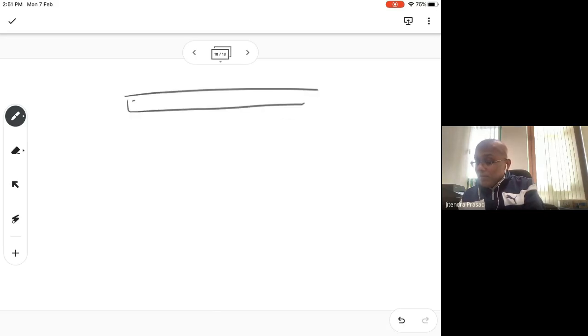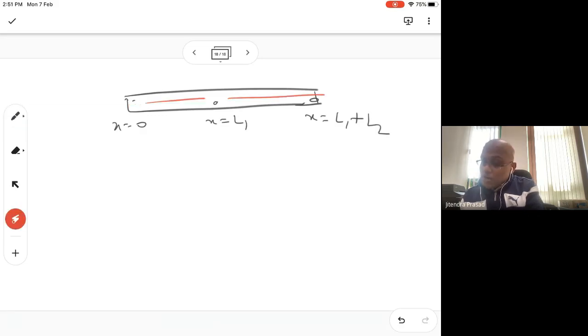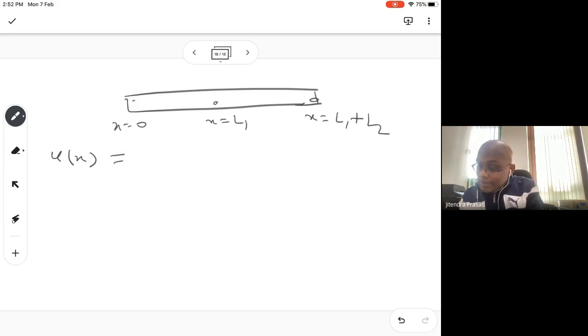For this problem, let us say you had x equal to 0, x equal to L1, and x equal to L1 plus L2, so this is L1, this is L2. Your u(x) is given; how will you write it? Let us say the nodal values are u1, u2, and u3.